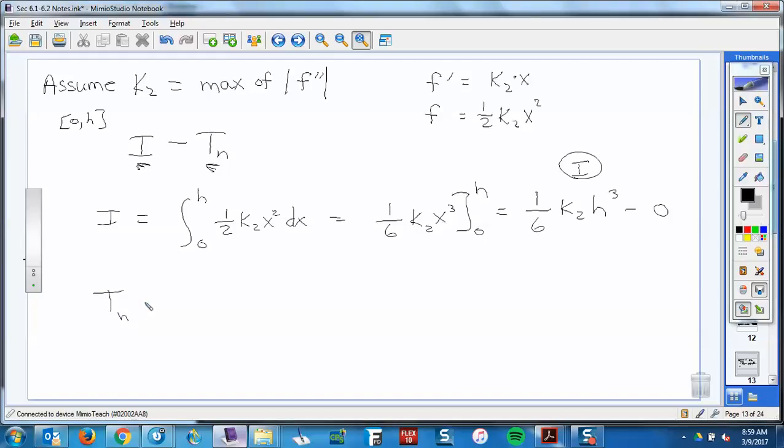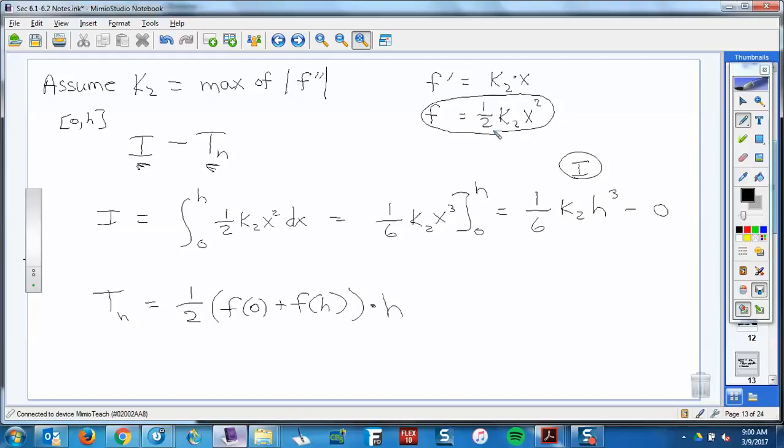So what's my trapezoid going to be? Well, in one subinterval, my trapezoid is going to be 1/2 times f of 0 plus f of h times, what's the width of my one subinterval here? h, right? So that's my one trapezoid. Remember, this is f up here.